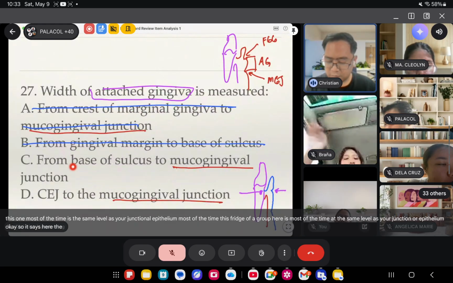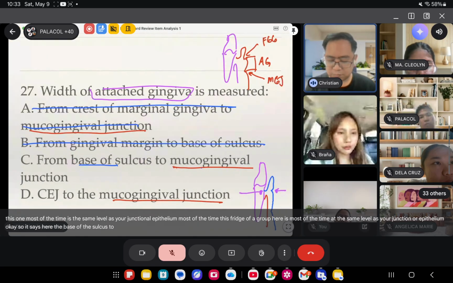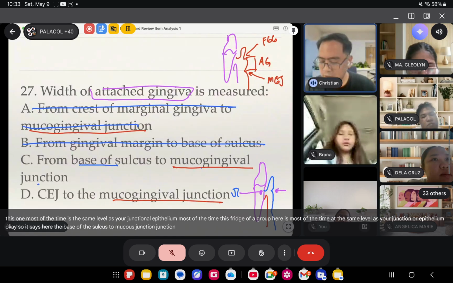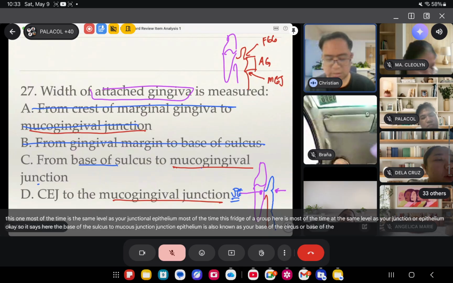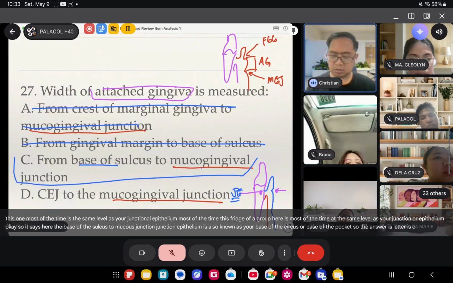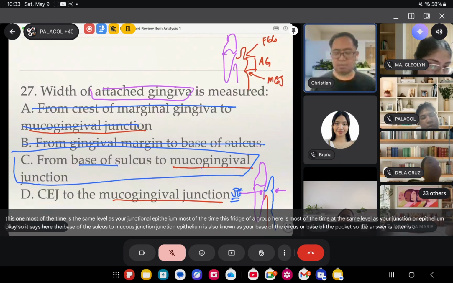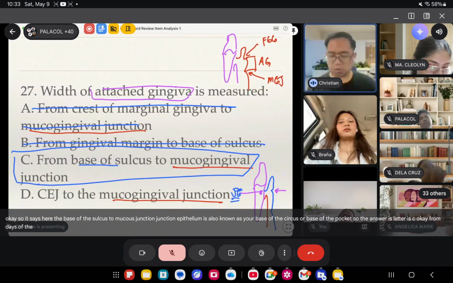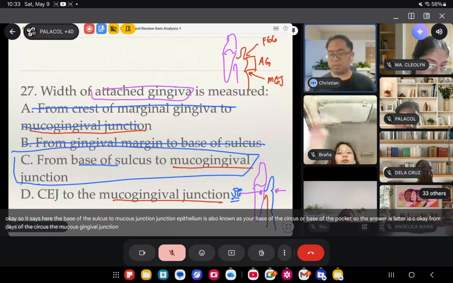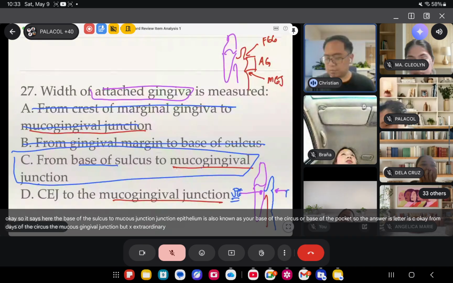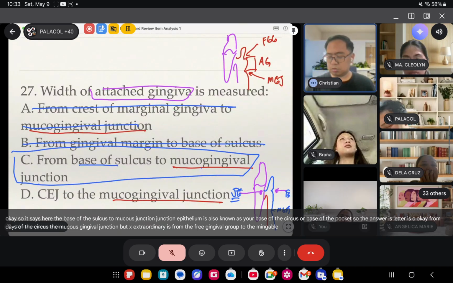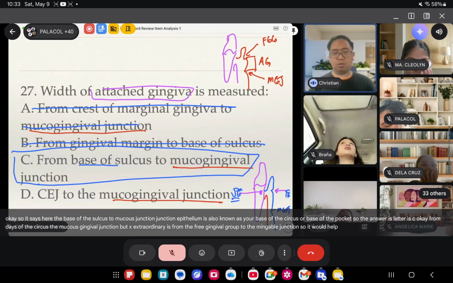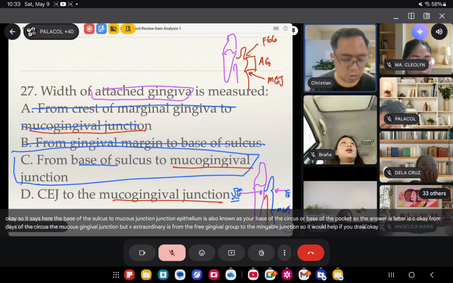So it says here the base of the sulcus to mucogingival junction. Junctional epithelium is also known as your base of the sulcus or base of the pocket. So the answer is letter C. From base of the sulcus to mucogingival junction. But extraorally, it's from the pregingival groove to the mucogingival junction. So it would help if you draw. Just draw it quickly.